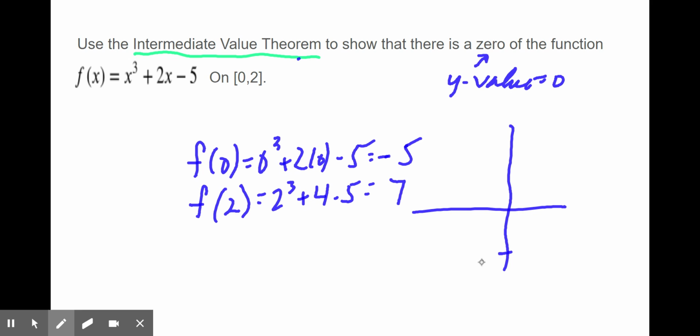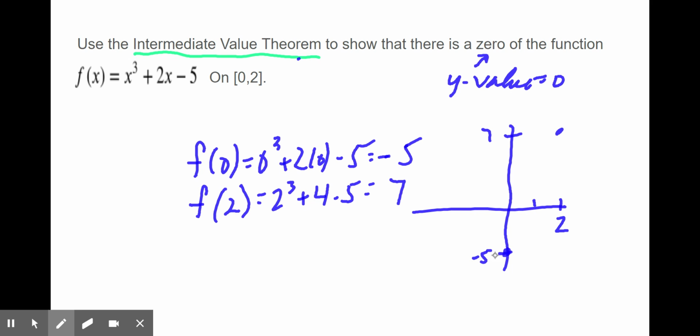You don't need to draw the picture, but I have a point on 0, -5 here, and then I have a point on 2, 7. So here's 7, here's 2, 7. Okay, now the question is, will I go through the x-axis, right? It certainly appears that way.